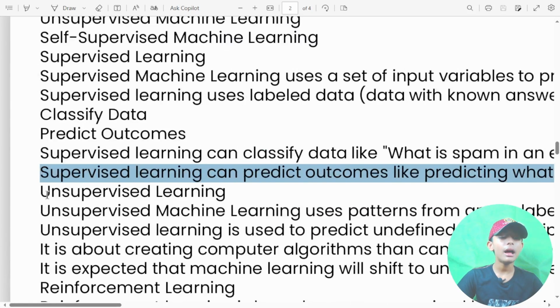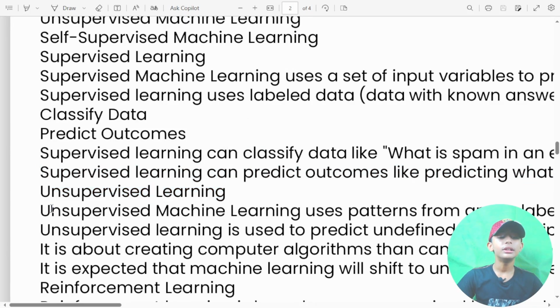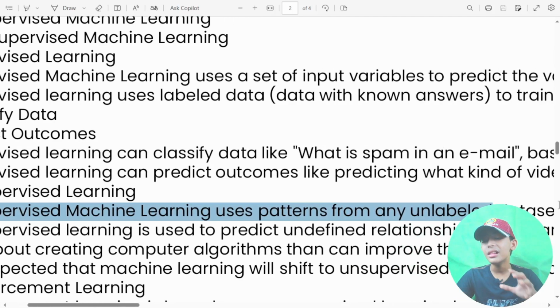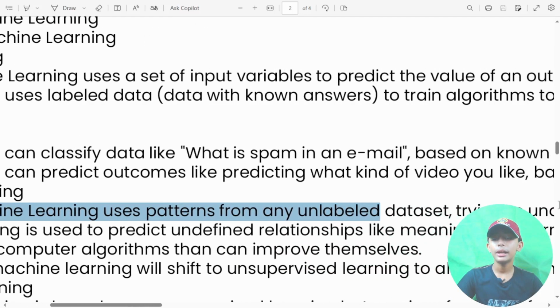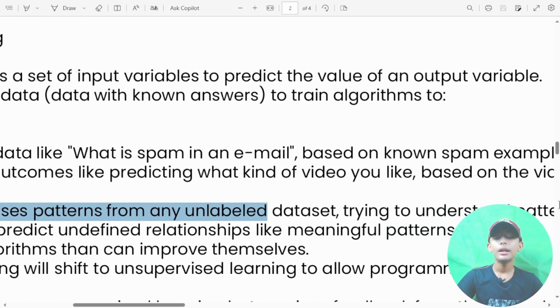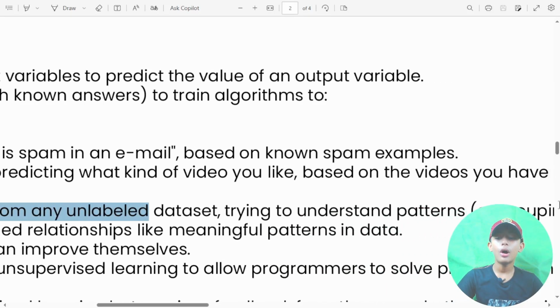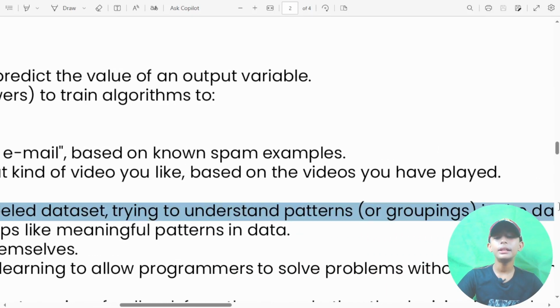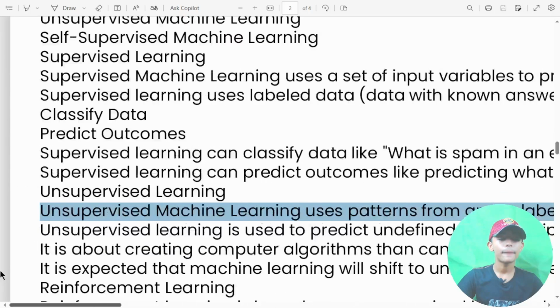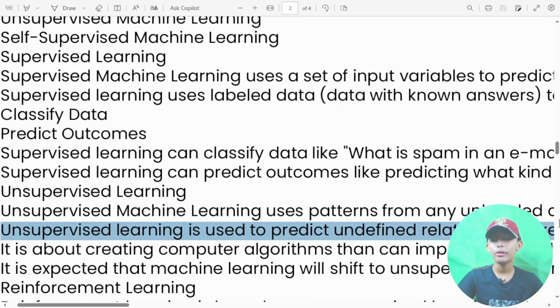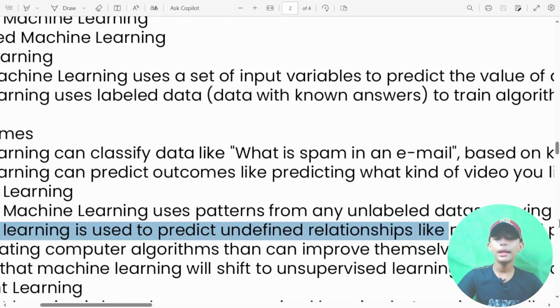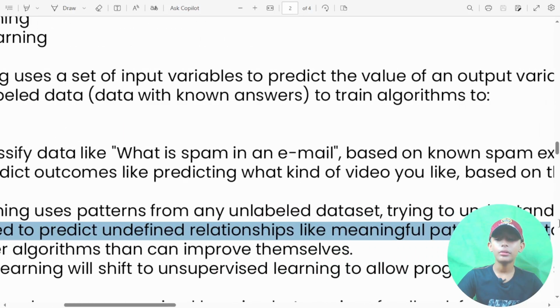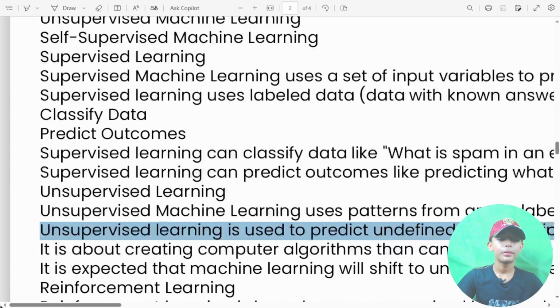Now, unsupervised learning. Unsupervised machine learning uses patterns from an unlabeled dataset, trying to understand patterns or groupings in the data. Unsupervised learning is used to find undefined relationships, like meaningful patterns in data.